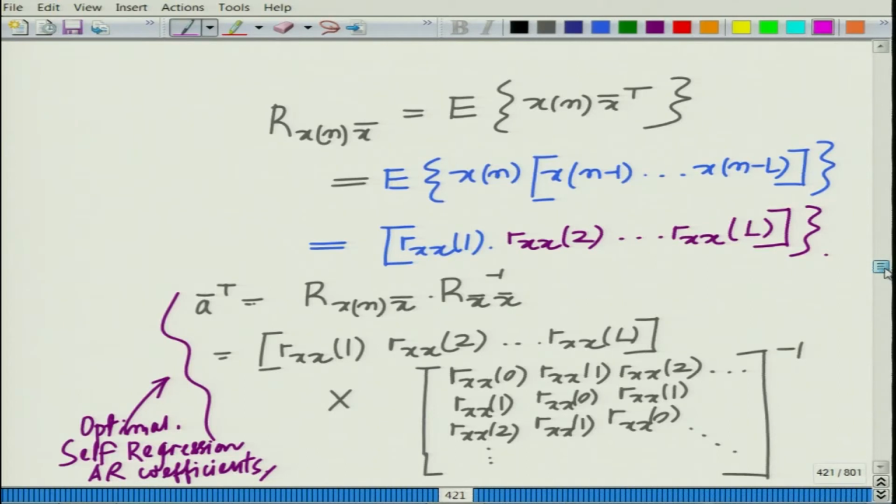If you go all the way back to what is known as the principle of LMMSE estimation, the linear minimum mean squared error estimate, let me refresh your memory a little bit.